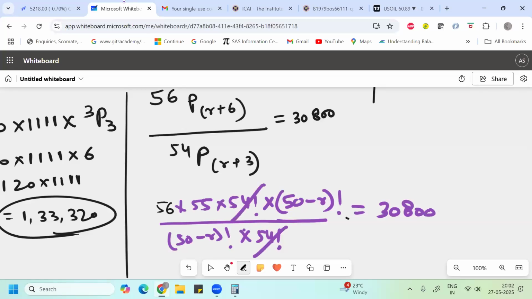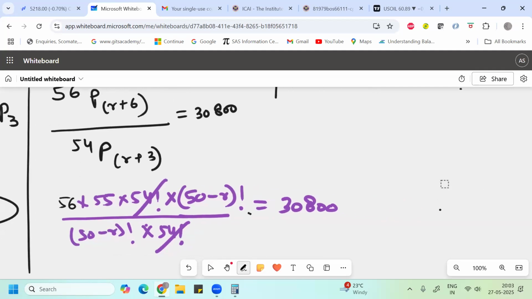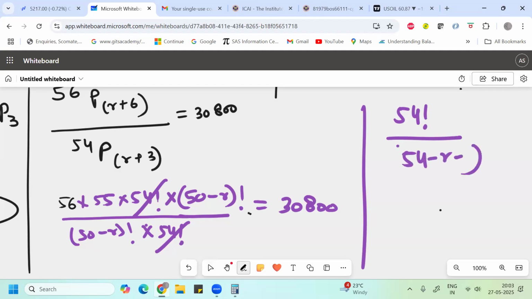So 54 factorial gets cancelled. Sorry, this would be the 54P(r plus 3) when you are solving: 54 factorial by (54 minus r minus 3) factorial.